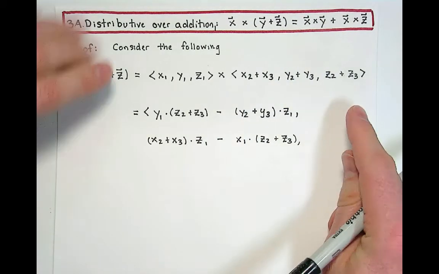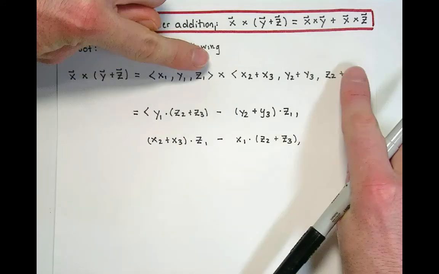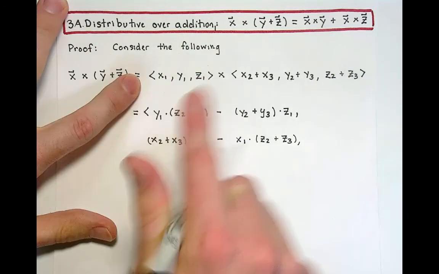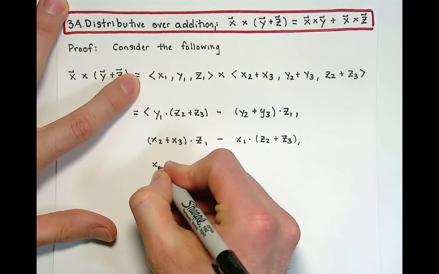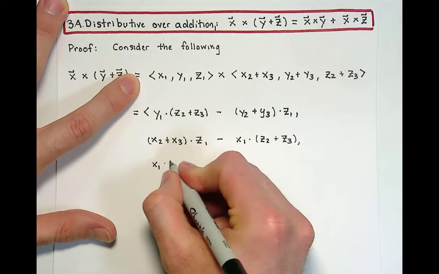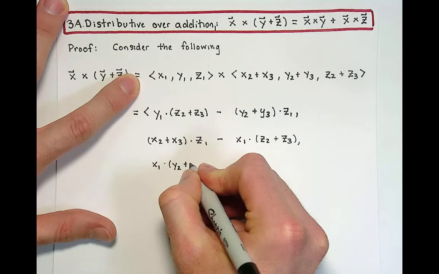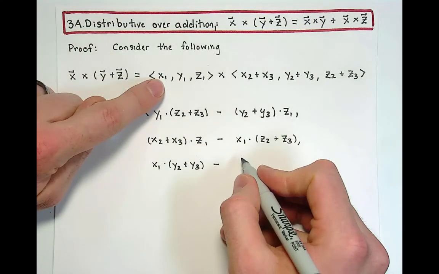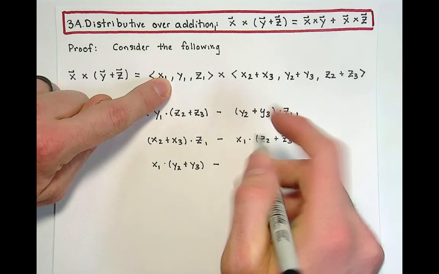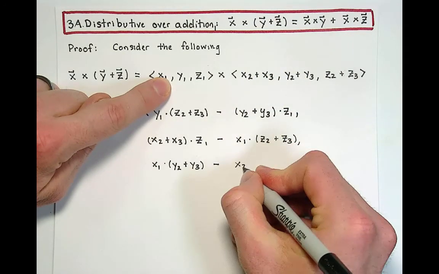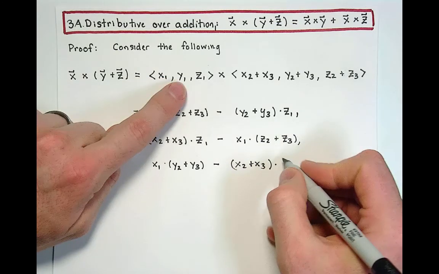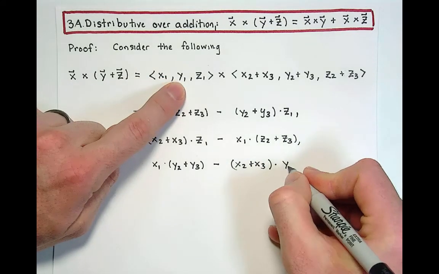And the last entry comes from canceling out this one, and then literally just doing the area of the parallelogram associated with the projection onto the xy plane, which would be y2 plus y3, minus, in this case, we would have the x coordinate there, which would be x2 plus x3 multiplied by y1.